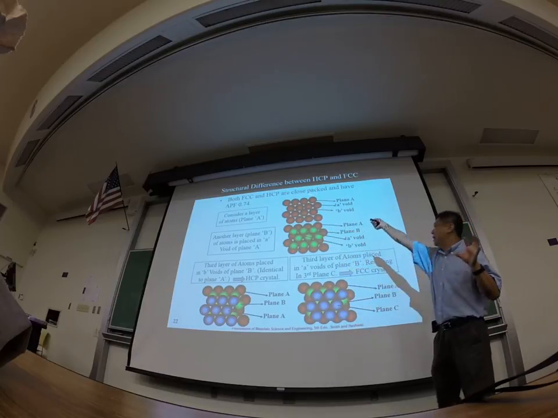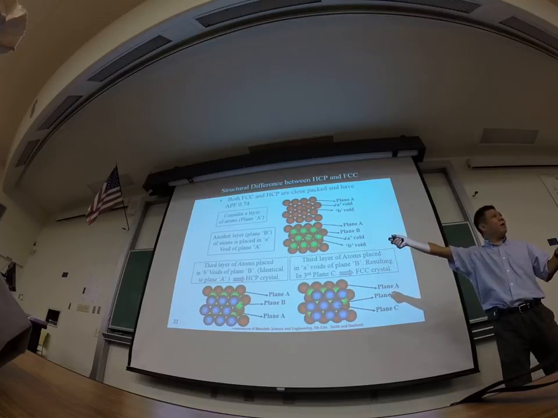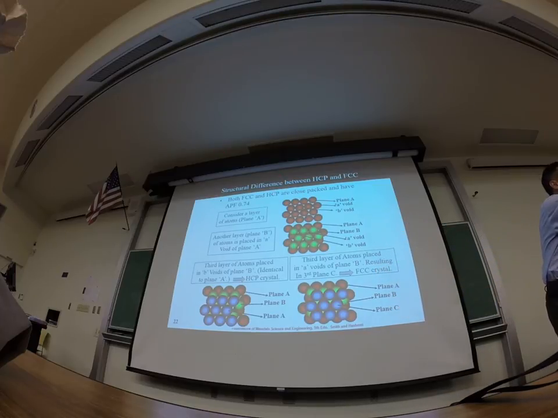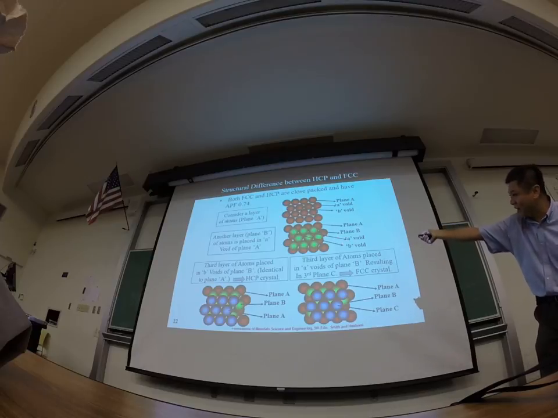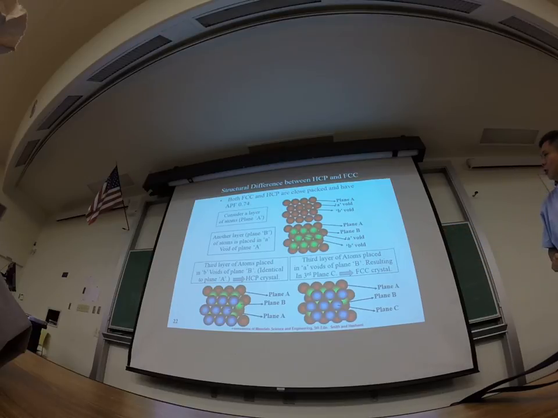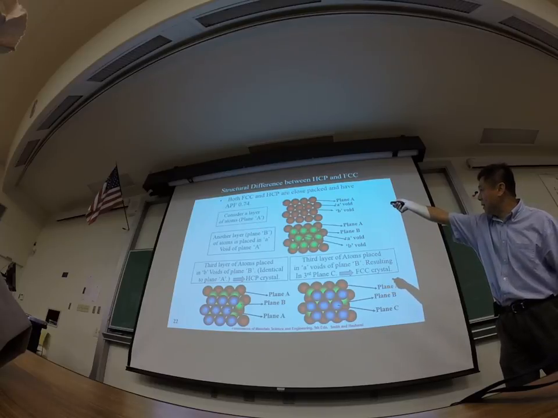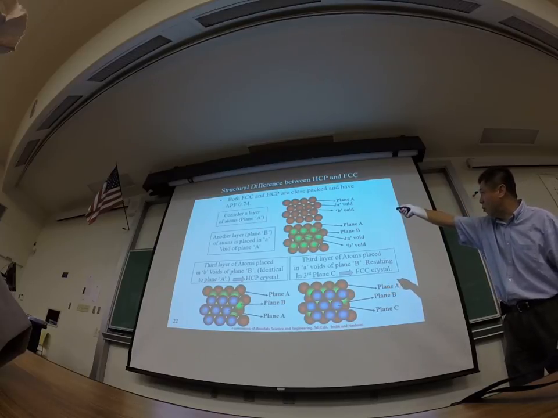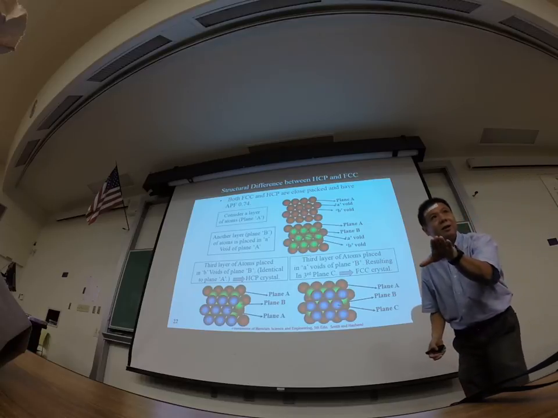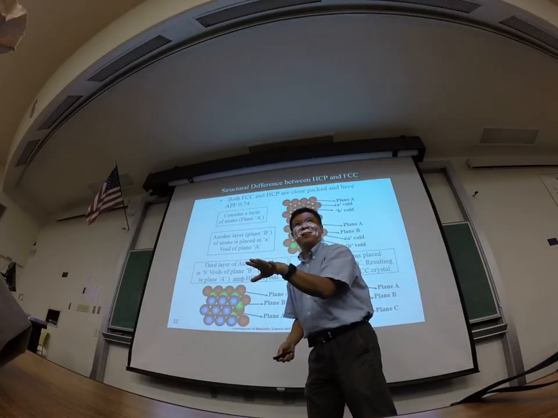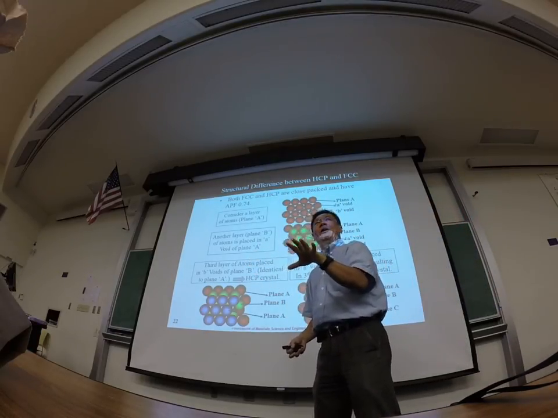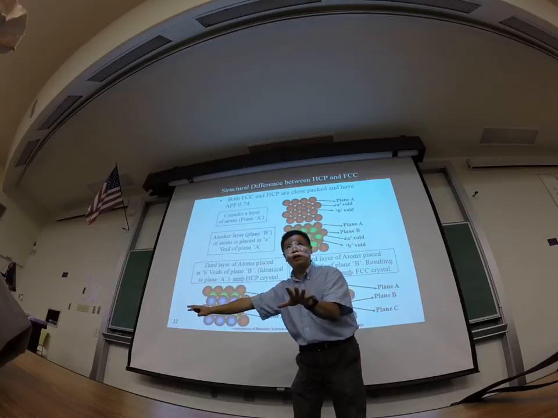When we consider the second layer packing, if the second layer spheres take the A voids, that means they take these voids of the bottom layer. So the second one, we always think they take the A voids.